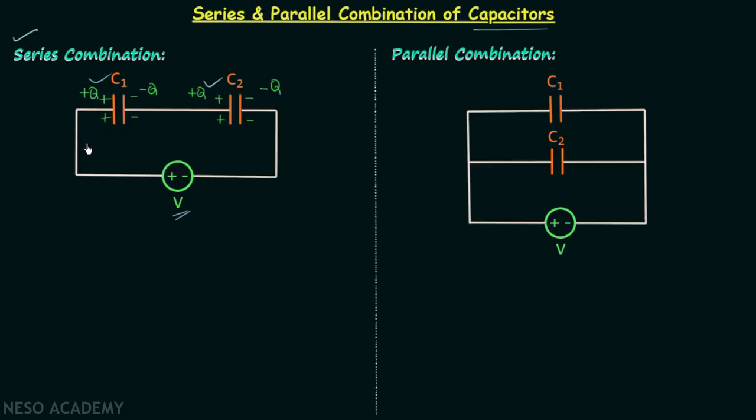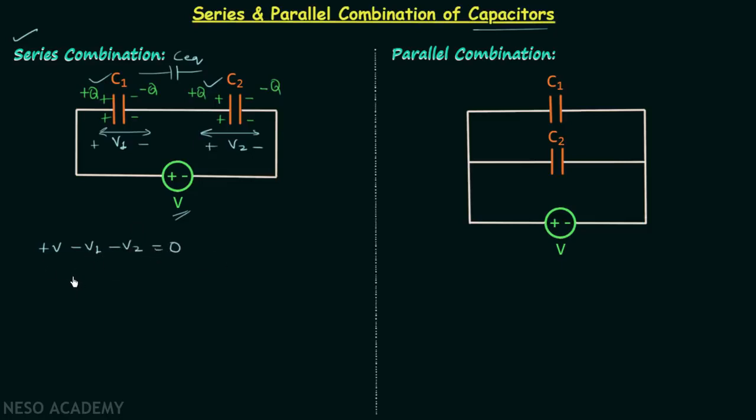Now we will calculate the equivalent capacitance, that is, we want to have a single capacitor in place of these two capacitors, and we want to calculate the capacitance of this capacitor, and for this we will apply KVL in this loop, and let's say voltage across first capacitor is equal to V1 and the polarity will be plus minus, and the voltage across the second capacitor is equal to V2 with plus minus as the polarity, and when we apply KVL we will have plus V, then we have minus V1, after this we have minus V2 equal to 0.